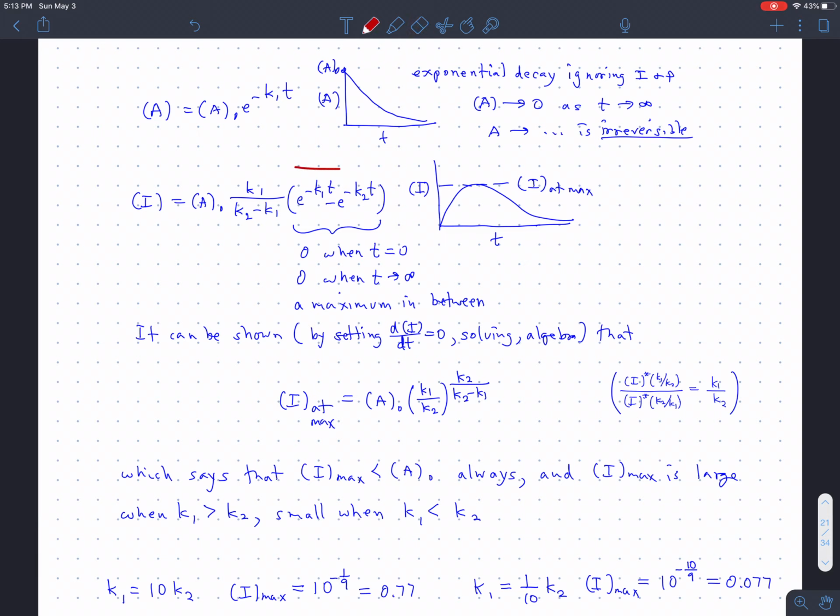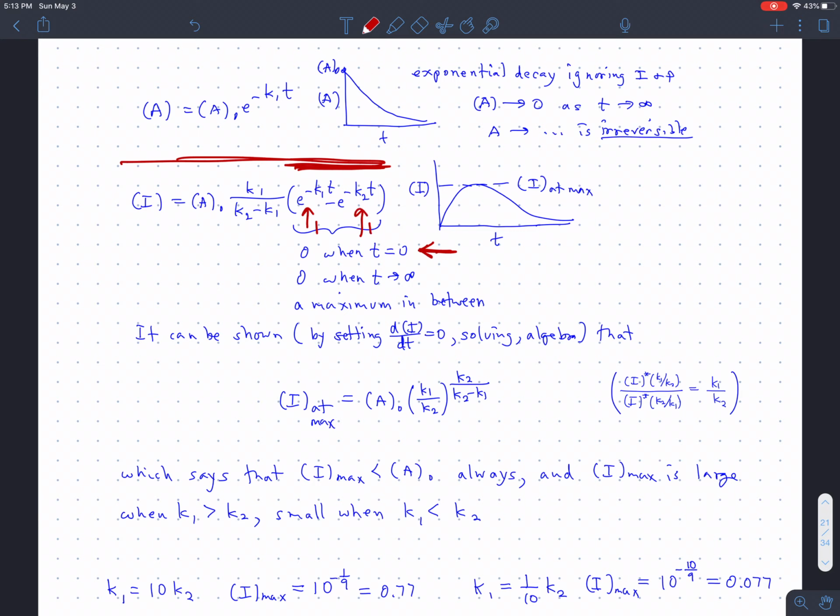let's just look at this factor here. So this is the overall solution, everything here, but let's just look at this last part. If we set t equal to 0, it's always useful to look at some limits. Whenever you get a new formula, look at the extreme limits to see how things behave. So if we set t equal to 0 here, then that exponential right there is a 1.